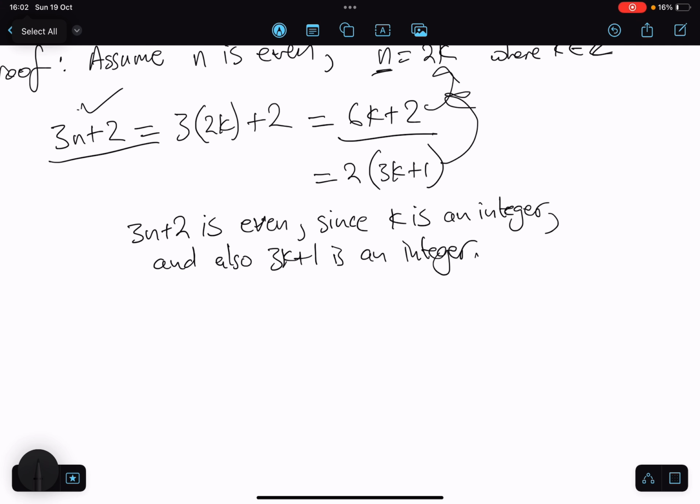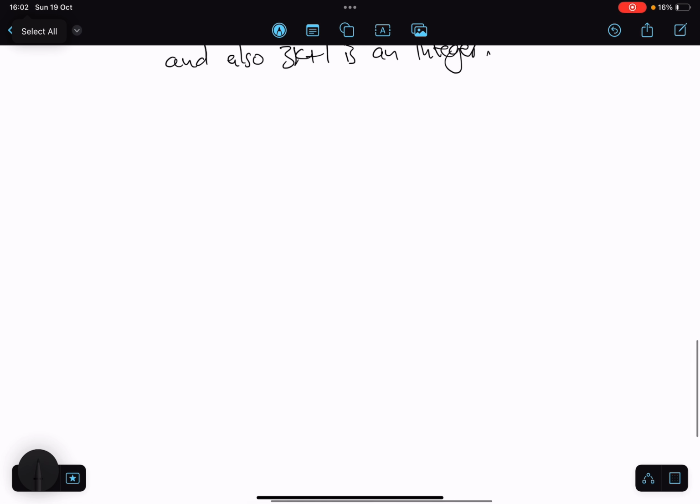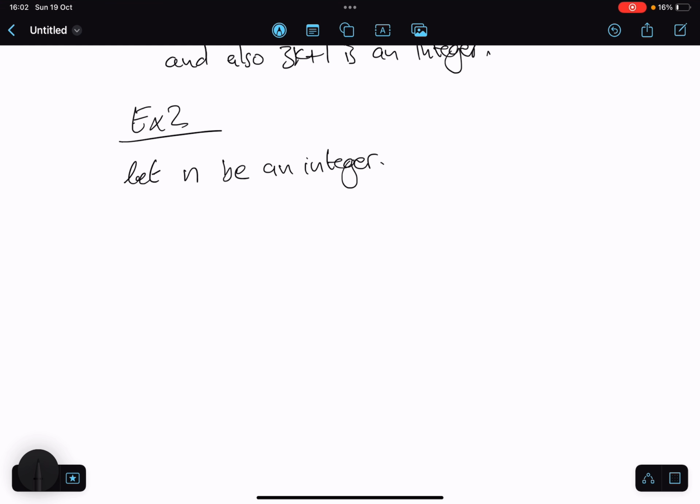We can also look at another example. Let's look at example 2. With example 2, we're just going to say let n be an integer.